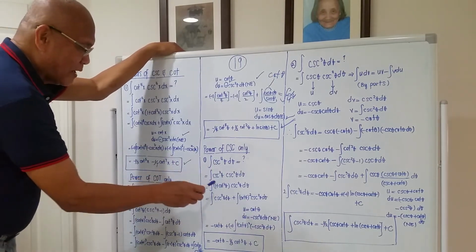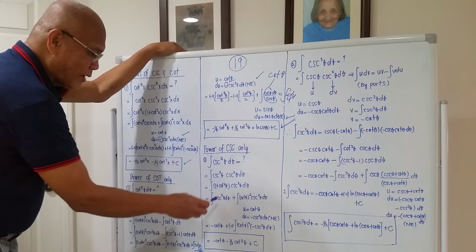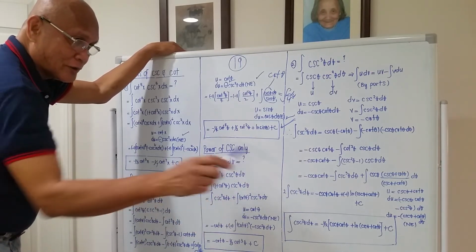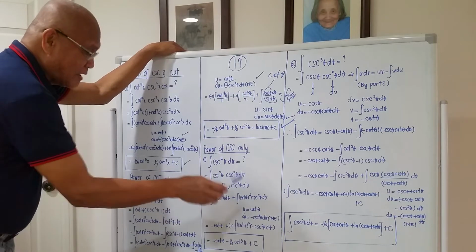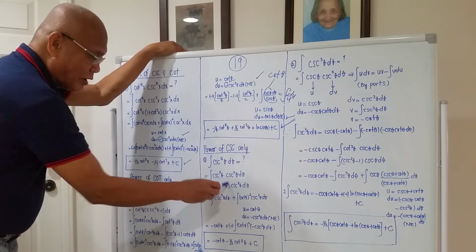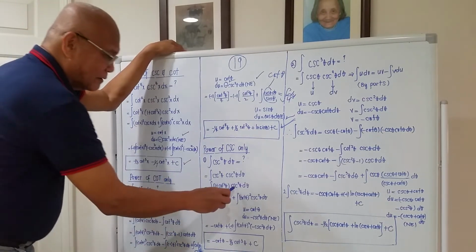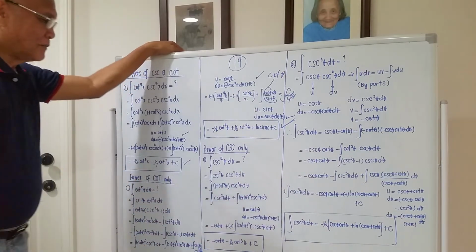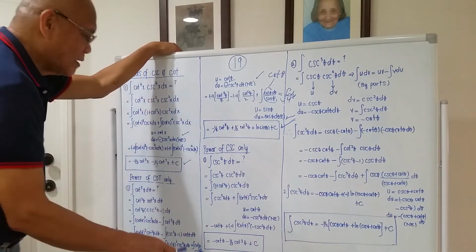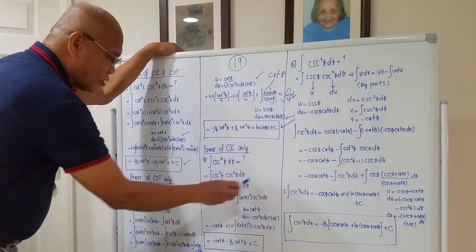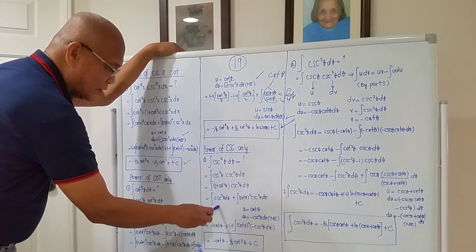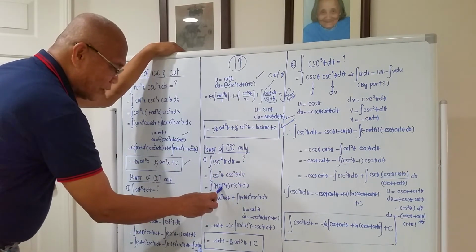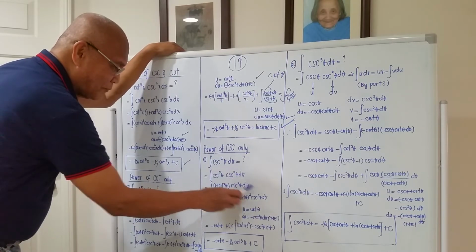Then we will replace the first cosecant square of theta by its equivalent in terms of cotangent square, which is 1 plus cotangent square of theta, times cosecant square of theta, differential theta. Expanding, 1 times cosecant square of theta differential theta is this, and cotangent square times cosecant square differential theta is this.